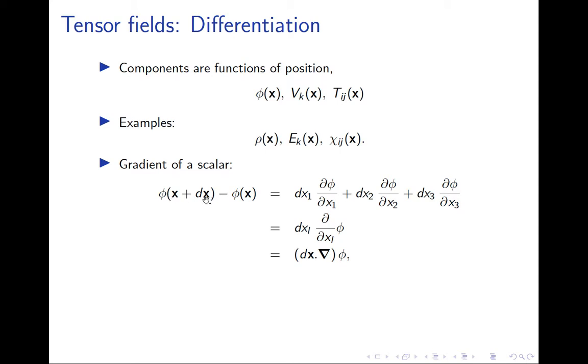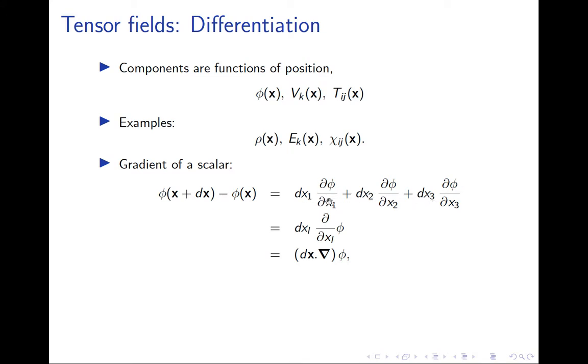So linear order Taylor expansion we will keep. So the leading order will get cancelled with phi x, and then we will have the linear order result, which is this. So look at how this quantity shapes up. You can think of this as a multivariable Taylor expansion in linear order.